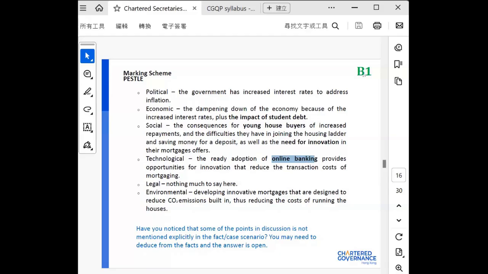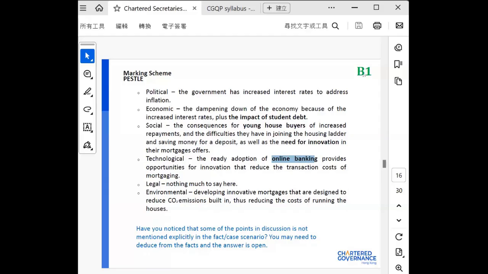The technological advancement is not mentioned very clearly, but it's mentioned that the company is interested in innovations and strategy revamp. So basically, you can only imply this by thinking about digital tools to reduce the transaction cost. So in this case, you can only think of online banking.